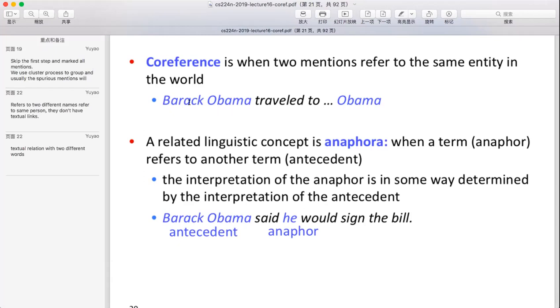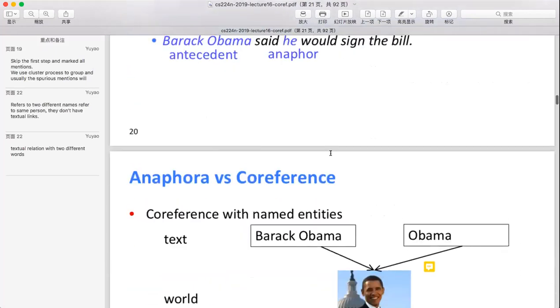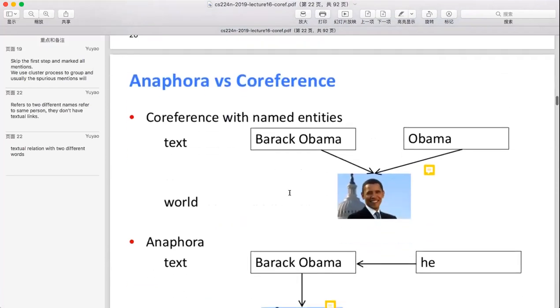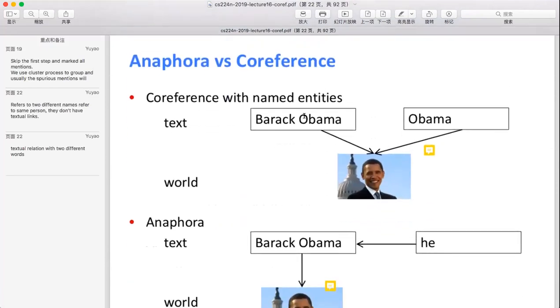And like the first sentence here, "Barack Obama" and "Obama" are very independent words. So this is a slight difference between these two definitions. Take a look at this chart, it will be more clear. We have two independent words that both refer to Barack Obama.